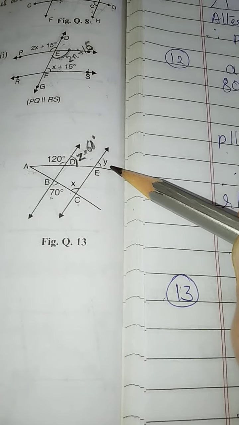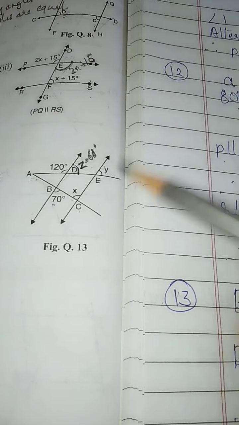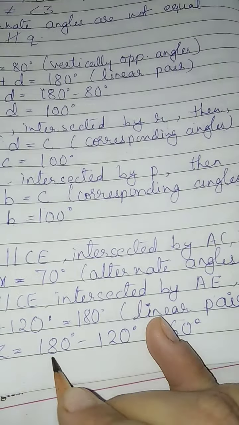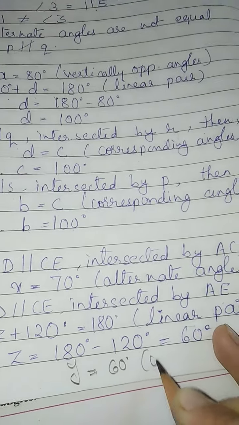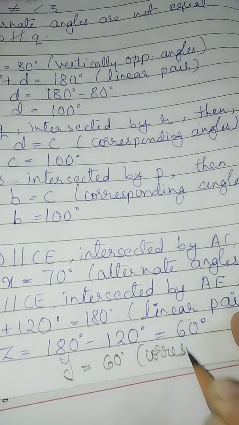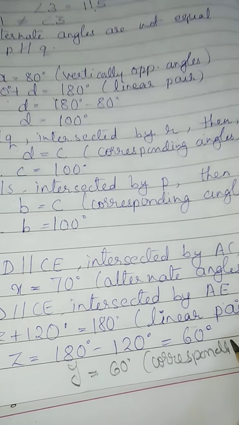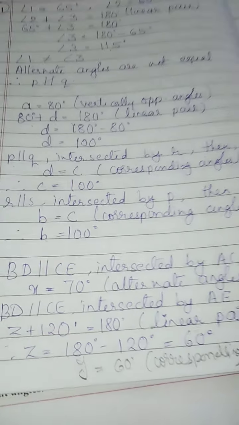And if Z equals 60 degrees, then Z and Y are corresponding angles. So Y is also equal to 60 degrees because they are corresponding angles. So we have got X and Y.